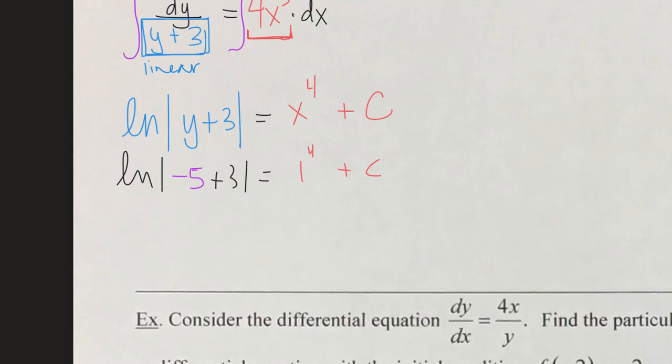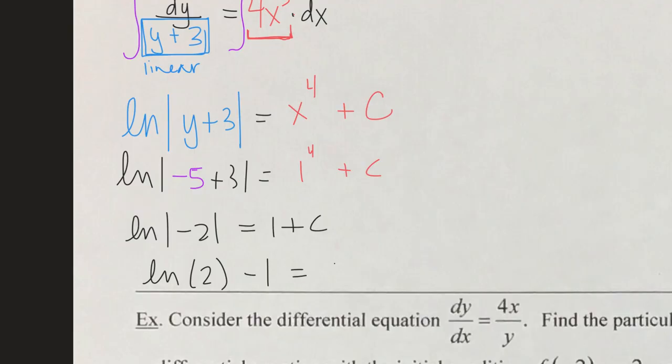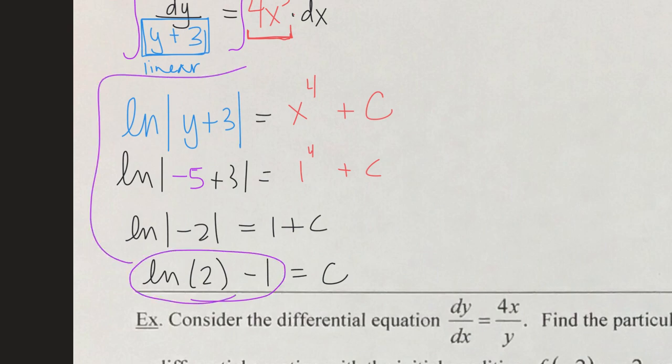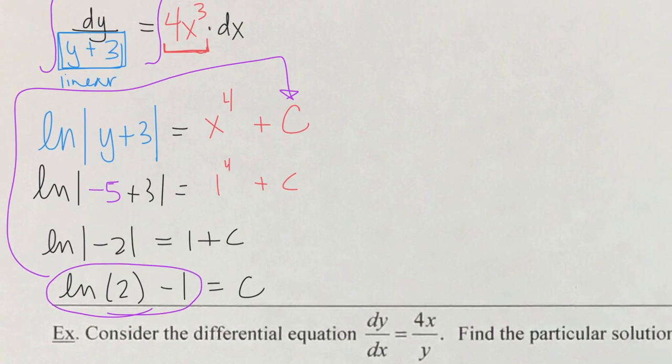So the natural log of negative 5 plus 3 is the natural log of negative 2, which in absolute value is the natural log of positive 2. Minus 1 equals c. Now we're going to use our natural log of 2 minus 1 and come back up in here to c.